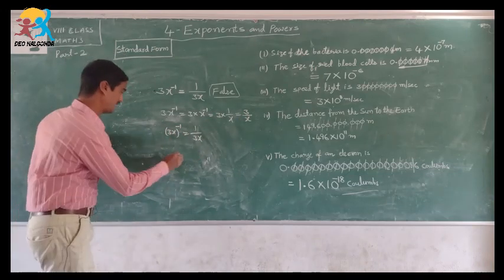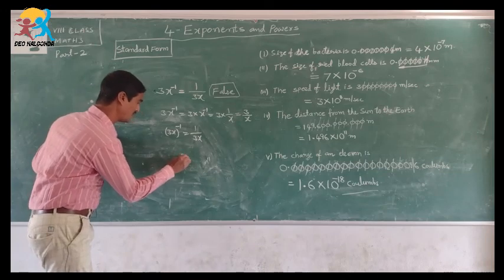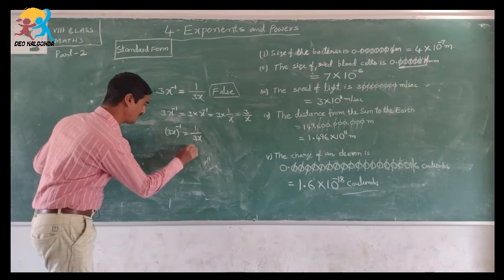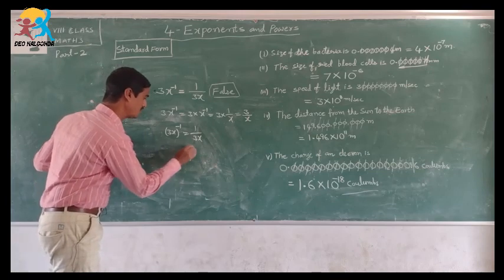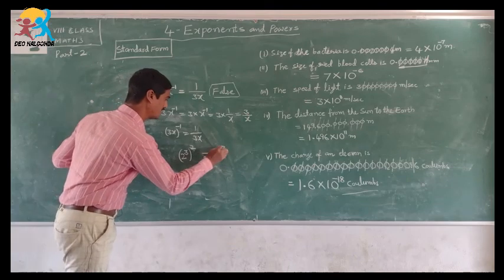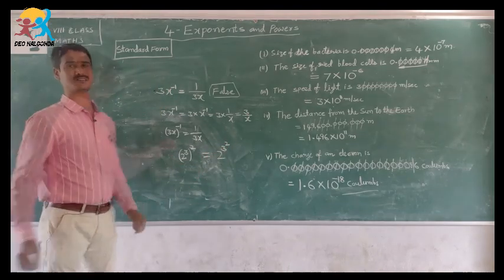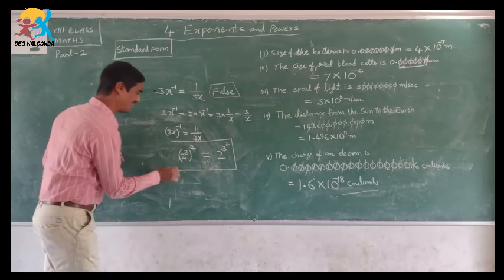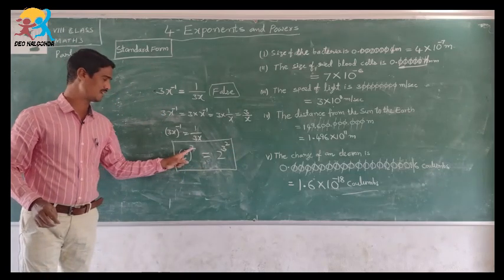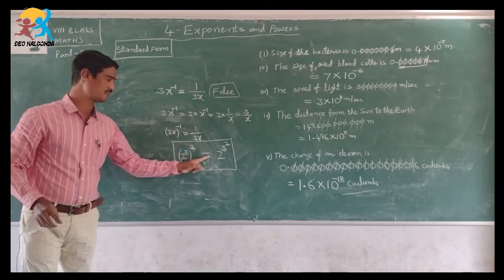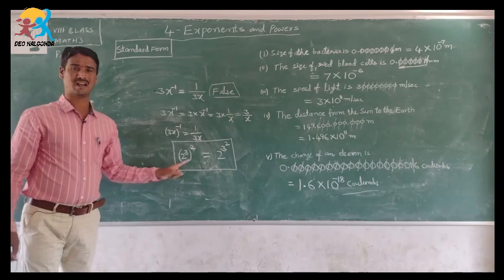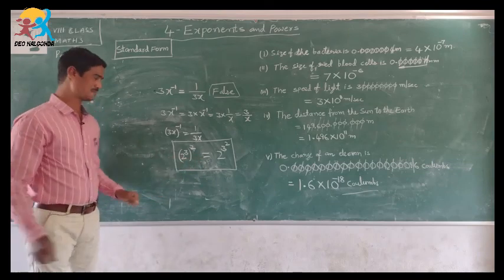One more problem here. 2 power 3 whole power 2, let us suppose, is equal to 2 power 3 power 2. Is it true or false? Are these two equal or not? Let's see.